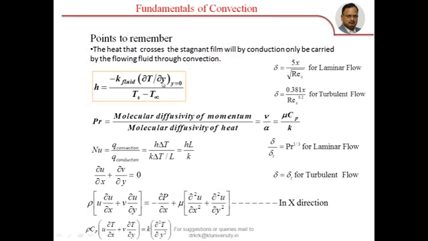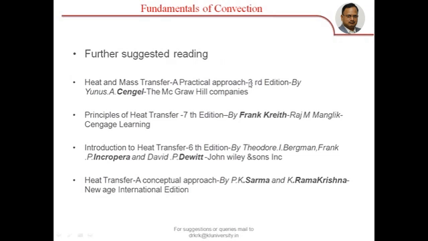Knowing dou T by dou Y, you can determine the convective heat transfer coefficient. Once it is known, you can determine the rate of heat transfer by means of convection when a body is kept in the surrounding fluid. So this is in a nutshell the fundamentals of convection.